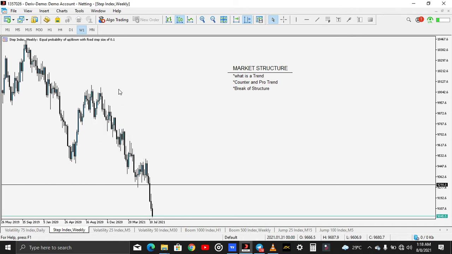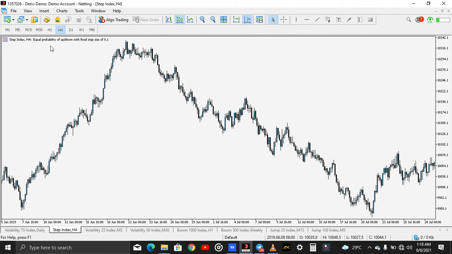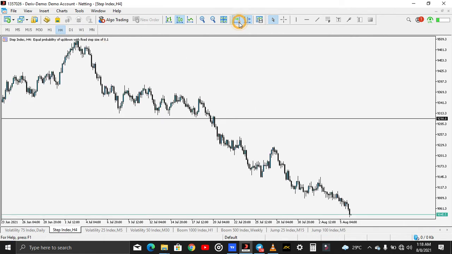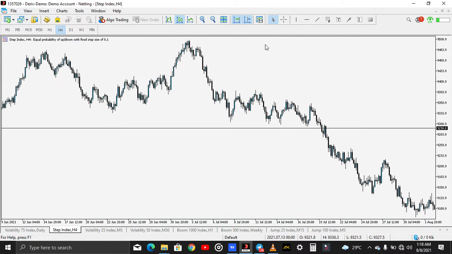Now let me go down to the 4 hour time frame, because I want this class to be purely practical, less talk and just me showing you what I'm trying to say from the chart.